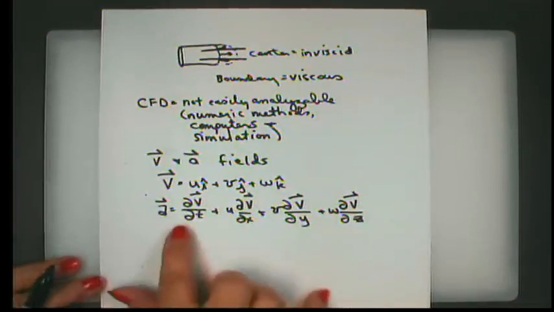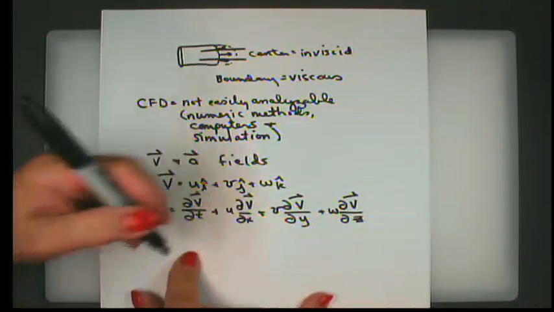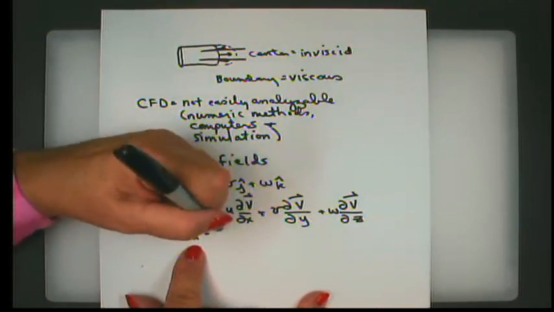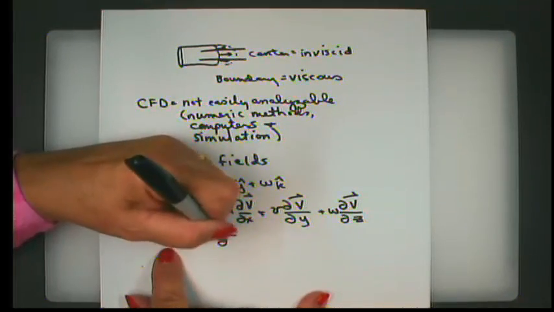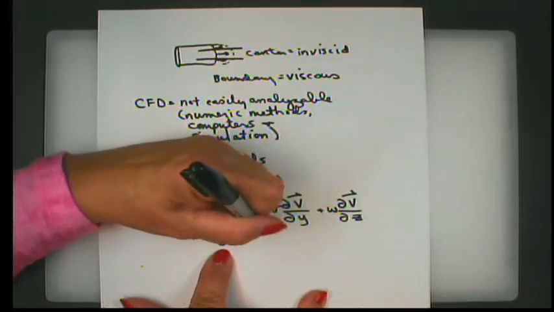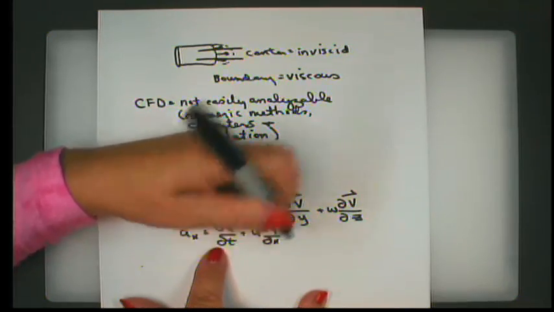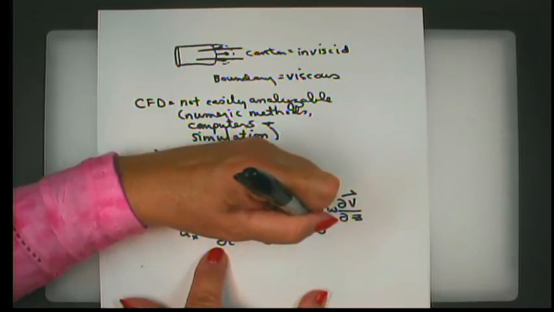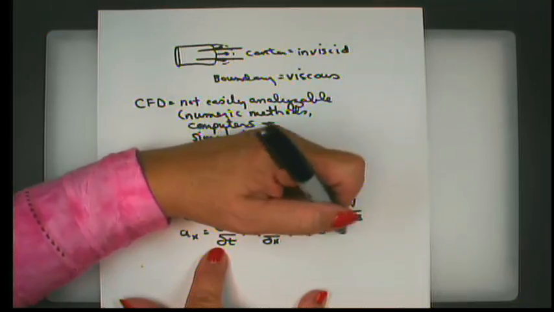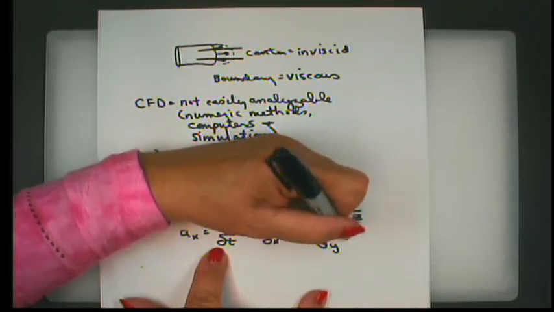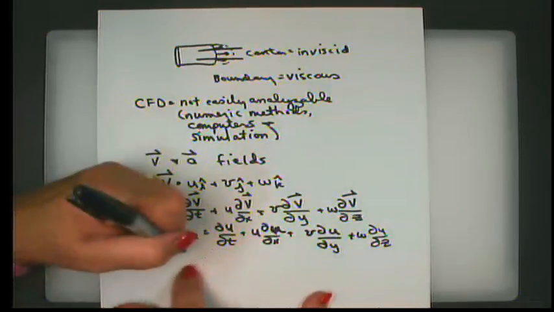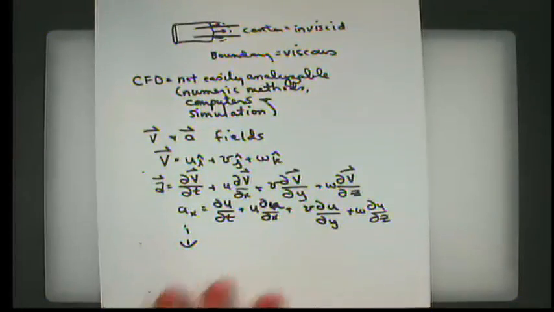So in other words, we could break it down: the component of acceleration in the x direction is going to equal the time, or unsteady part, plus my u partial and my v partial. This is u, it looks like a y. Sorry about that. And then similarly for a sub y and a sub z.